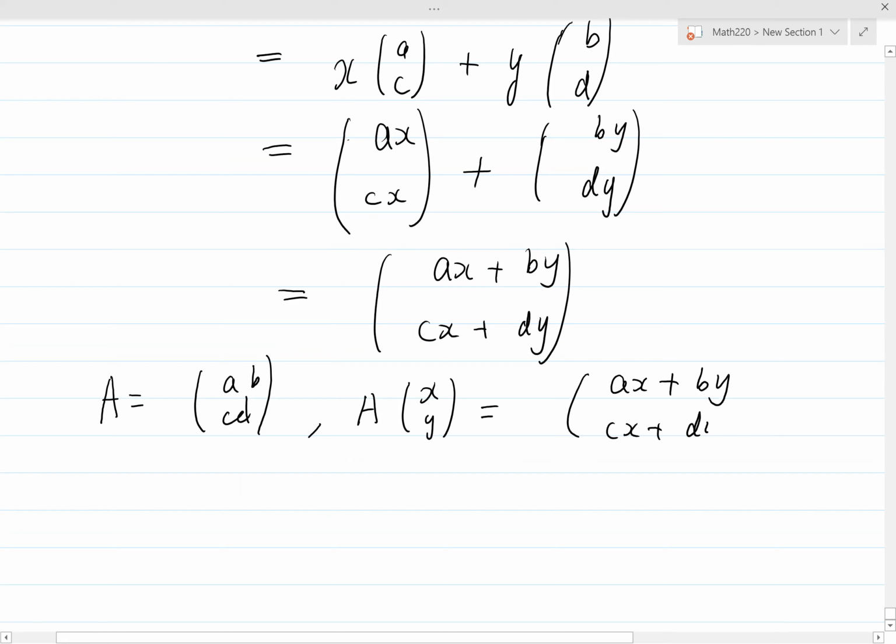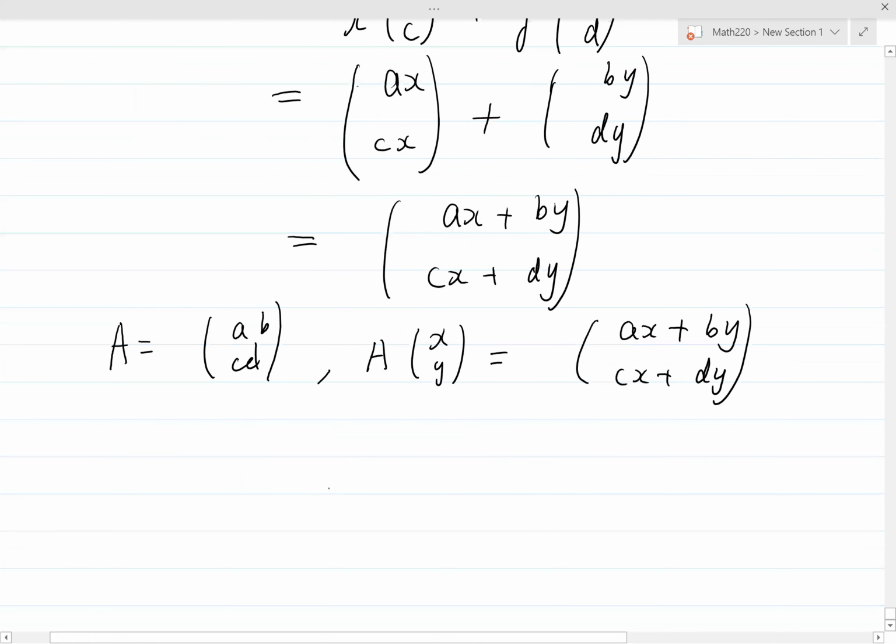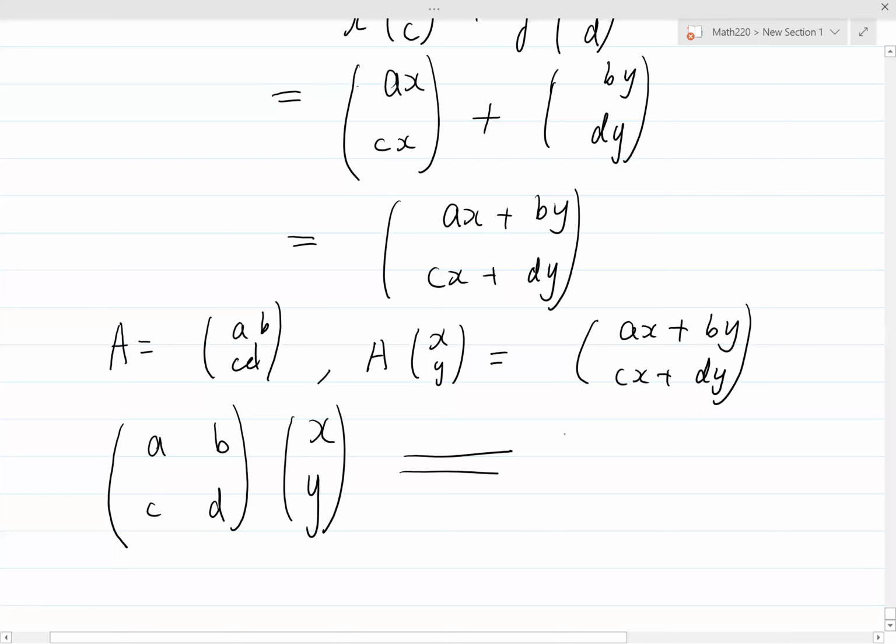So we should define this to be the rule of multiplication, to make it a natural operation.